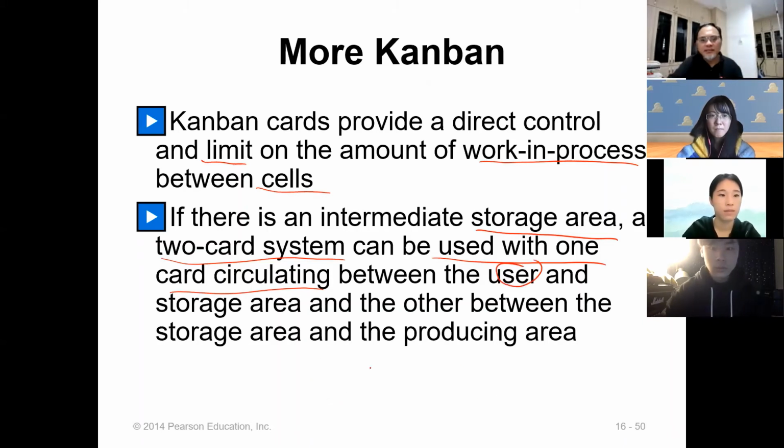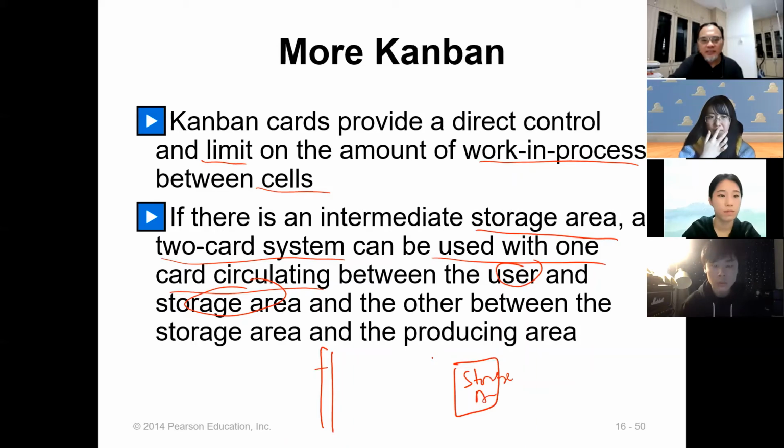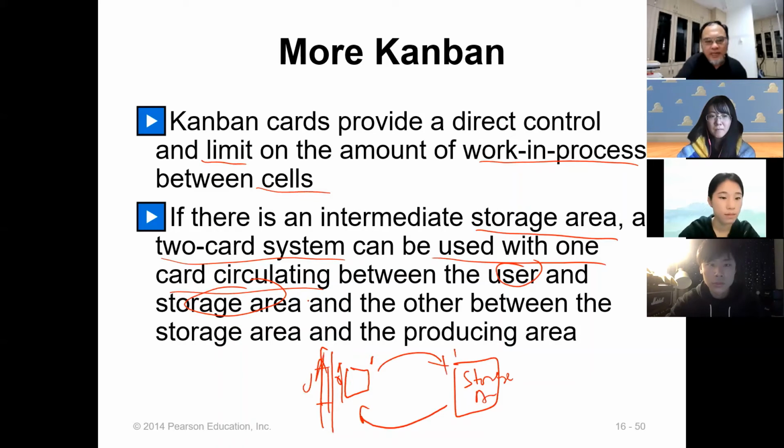This is the staging area or the storage area. This is actually the production line. This is the workers. So this is the card here. They actually circulate between the user, this is the user, and this is the storage area.